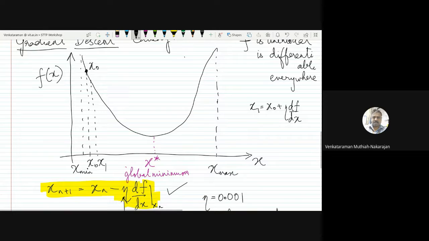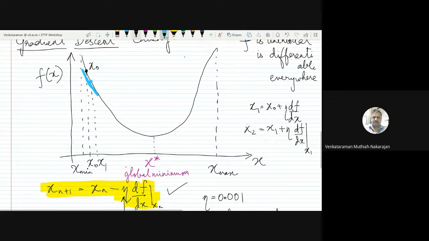In the next step, x2, you once again start from x1, then you take eta df by dx, evaluated at x1. Now you take this slope, which might not be the same as at x0, but it will be somewhat less steep.